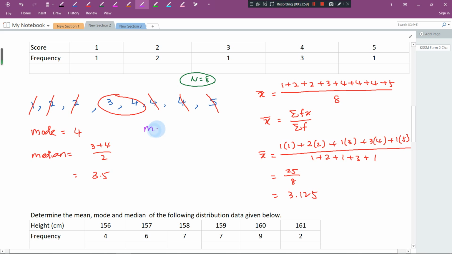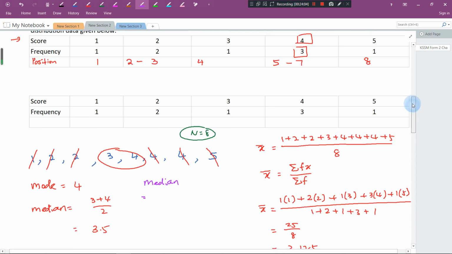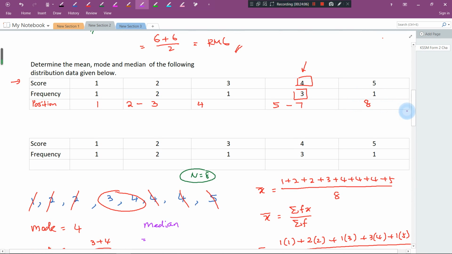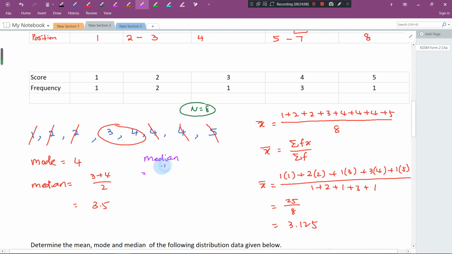So now we can start to get the median. Since the total number of data is 8, 8 plus 1 divided by 2. So this is 3. 8 plus 1 is 9, right? 9 divided by 2 is 4.5. 4.5 tells us that we have to take the fourth data plus the fifth data, right?